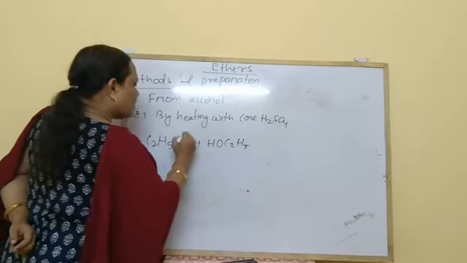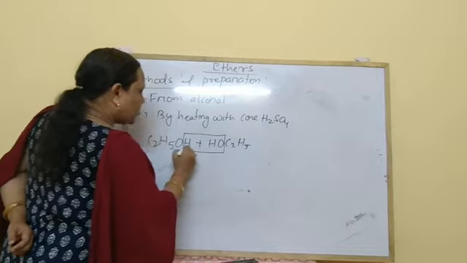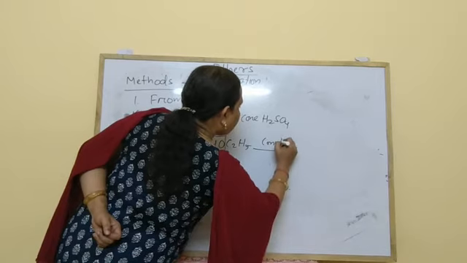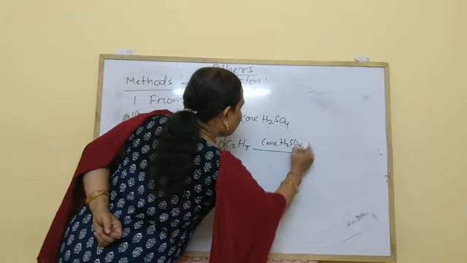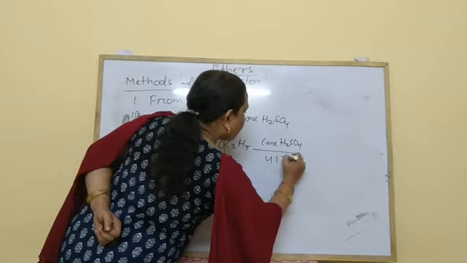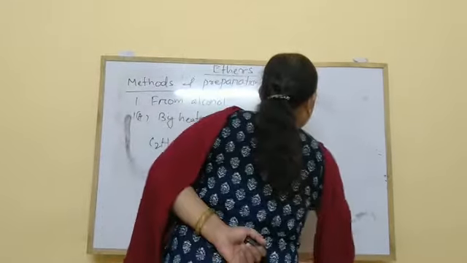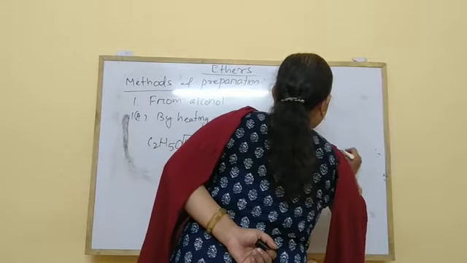when ethanol is heated with concentrated sulfuric acid, it forms ethoxyethane.